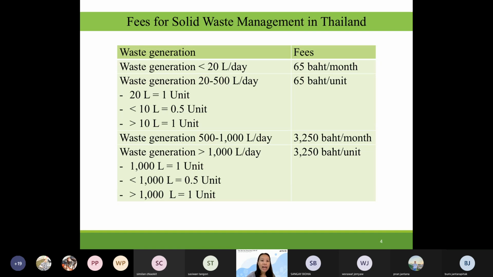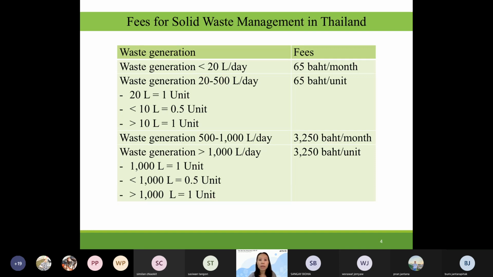That means if over 20 liters, it's calculated as 1 unit, right? And if lower, like 10 liters, it's calculated as 0.5 unit. And you multiply by 65 baht per unit. Don't forget that 65 baht is the maximum level, but it depends on the area, like the local government; some areas have their own rates, right?